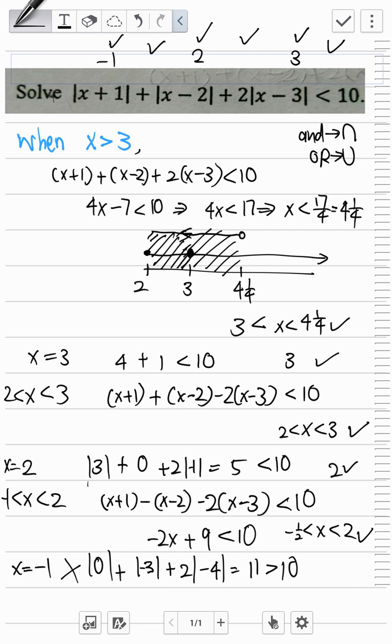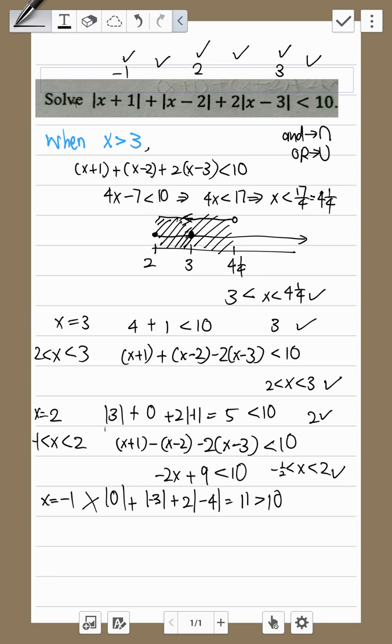The next thing is, what if x is smaller than minus 1? When x is smaller than minus 1, this would be a negative number. Then in order to get the modulus, I will need to add a negative sign in front, and I need a negative sign in front of each for the same reason.